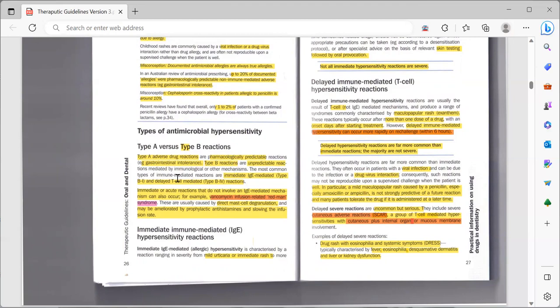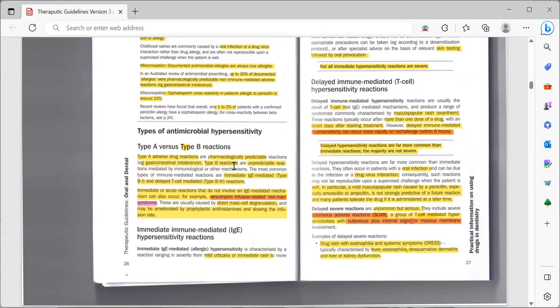The most common types of immune-mediated reactions are immediate, IgE mediated, and delayed. Antibiotic hypersensitivity type A means that you will inform the patient, for example, that if you take this antibiotic you can get diarrhea, and there might be some nausea or other symptoms.